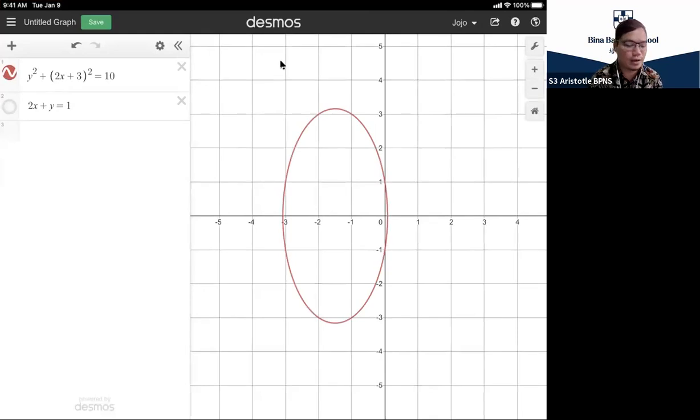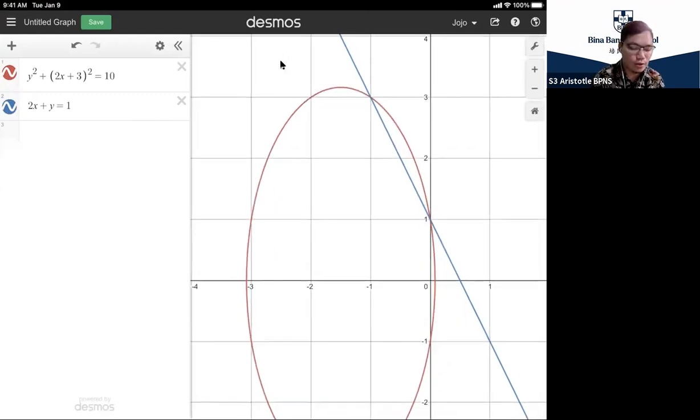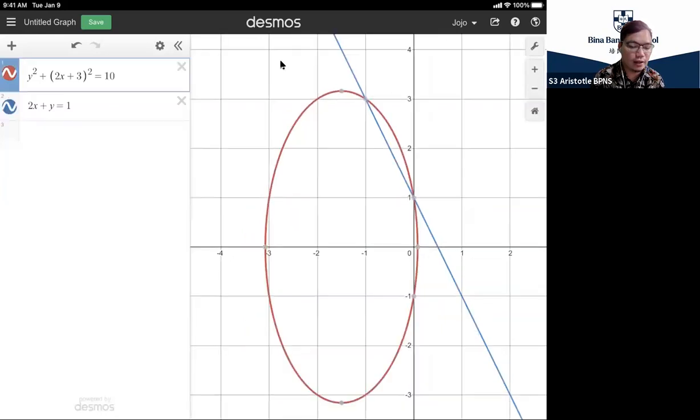The second one is a linear equation. If I view it, it will intersect the ellipse at exactly 2 points. These are your answers: (0, 1) and (-1, 3). Easy as that, right? We can show the students right away on Desmos.